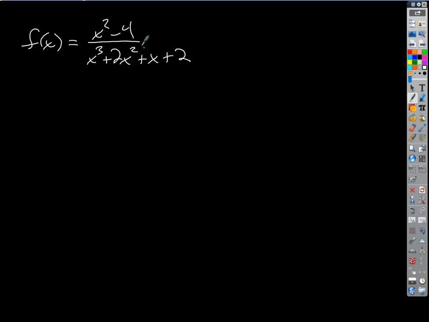So what if we've got something like f of x equals x squared minus 4 over x cubed plus 2x squared plus x plus 2. Same question as before, I want to know the nature of all of the discontinuities. So where do we have holes and where do we have vertical asymptotes?